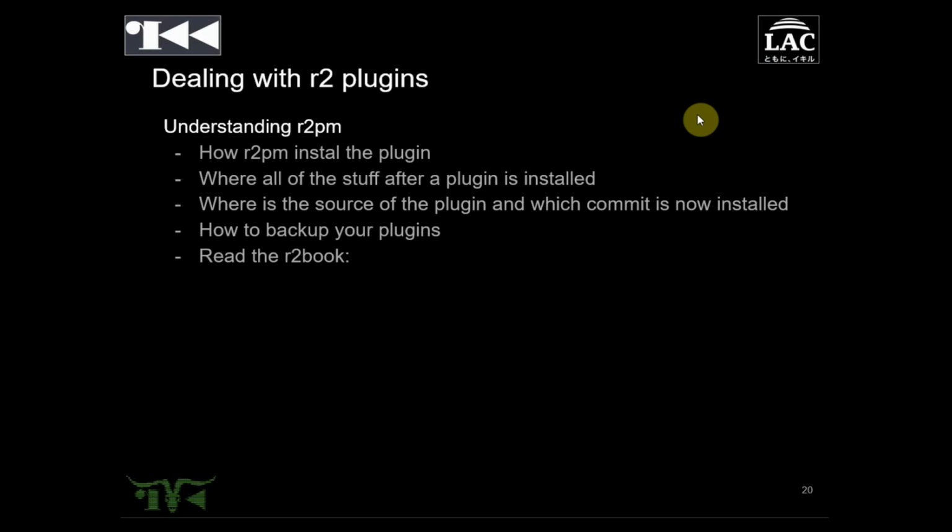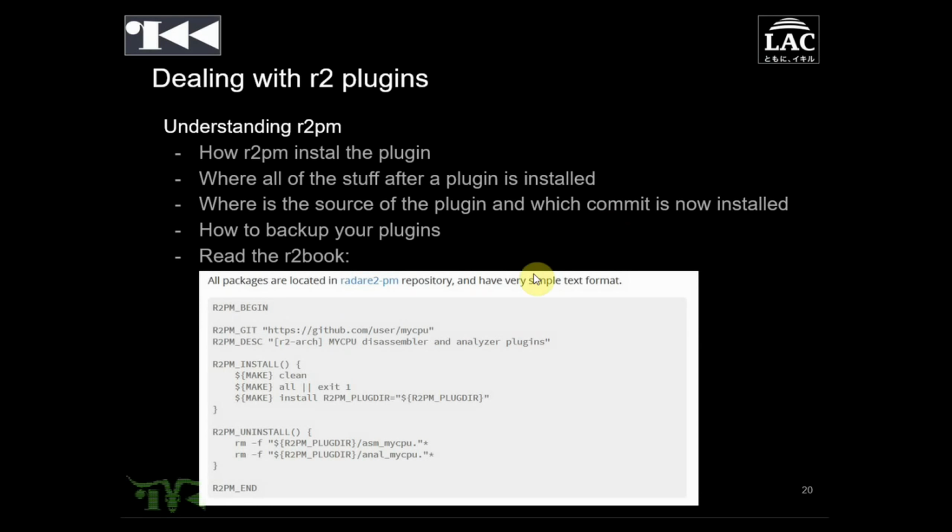And you really have to know how to back up your plugins, and seek information about how a plugin is integrated to the Rudder core components before you try to pin the bug. In that case, you will need the information about the plugin, which is written in the R2 book, and that can be accessed online, or you can see the reference in this slide later on.